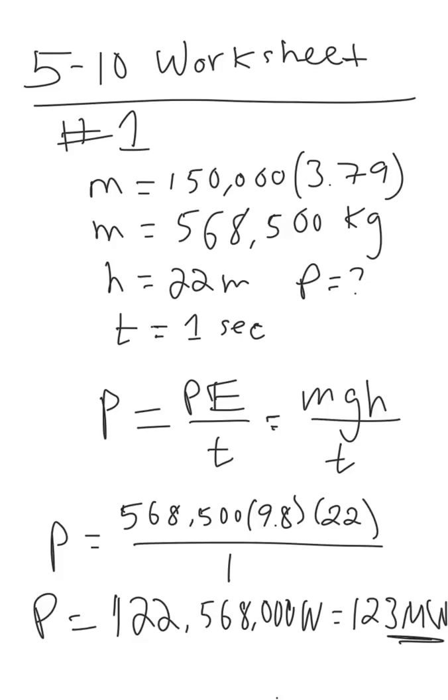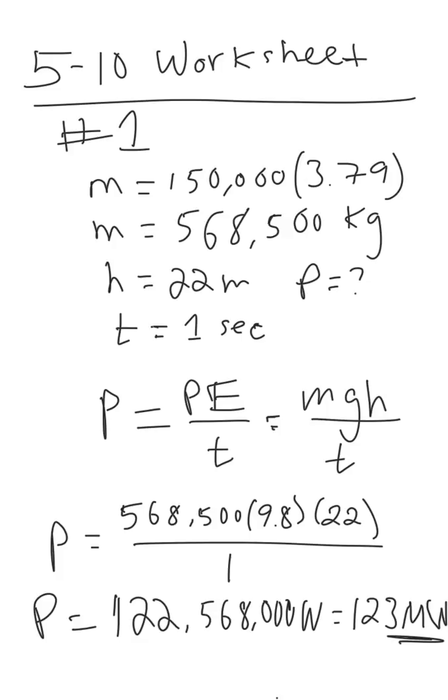So that's 10 to the 6th power. So it's 1, 2, 3, 4, 5, 6, 6 decimal places over to the left to make it 123 megawatts. All right, that's problem number 1.